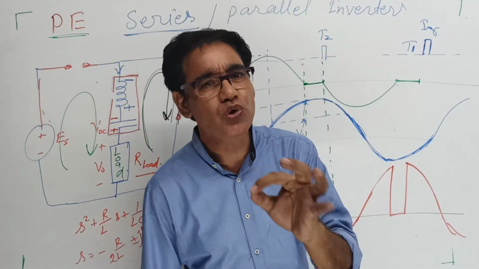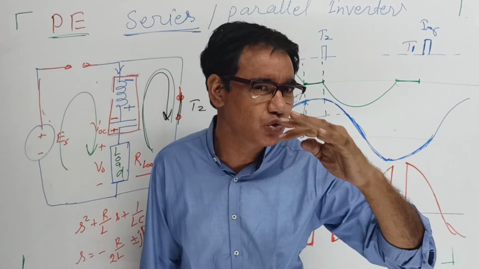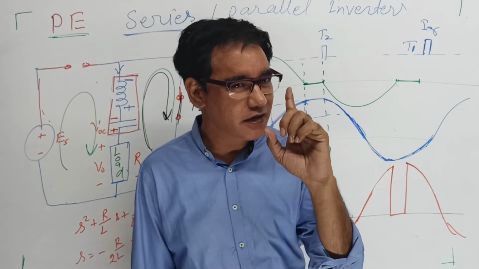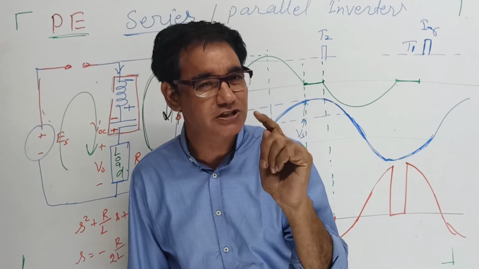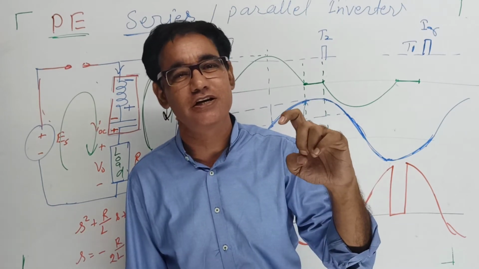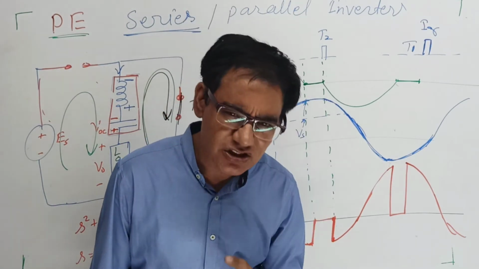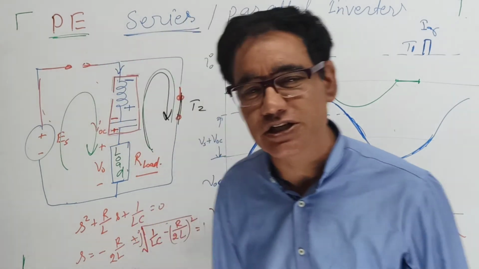One thing you have to take care of and remember: the series inverter circuit is an underdamped circuit. Second, the capacitor's initial voltage should be reversed in direction.